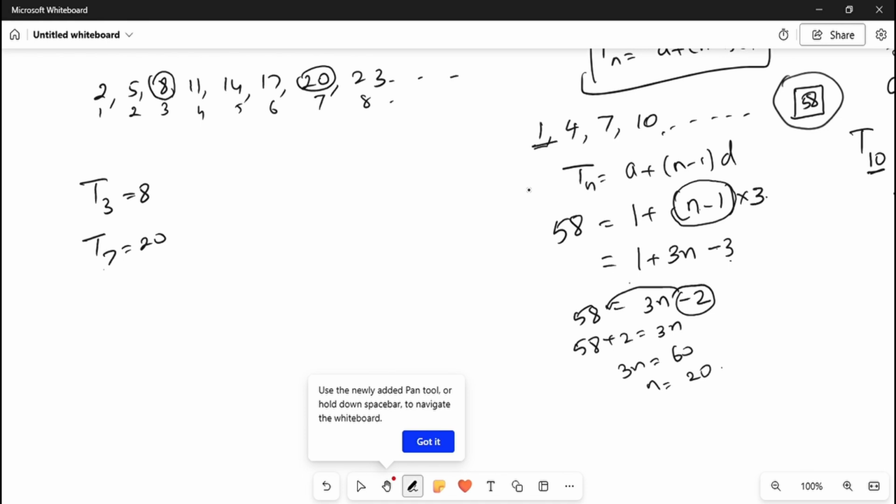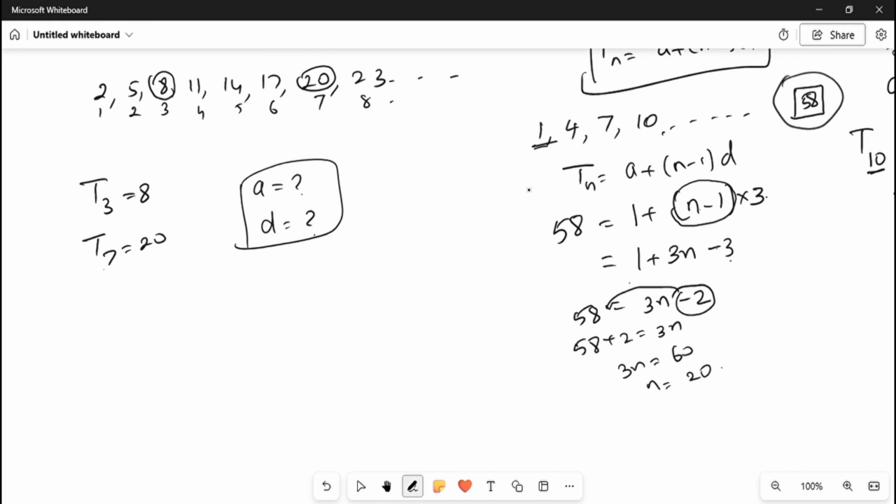T3 means third term, T7 means seventh term. You have to find A, the first term, and D, the common difference. These two you have to find and then write the number pattern. How to do that? It's also very simple.